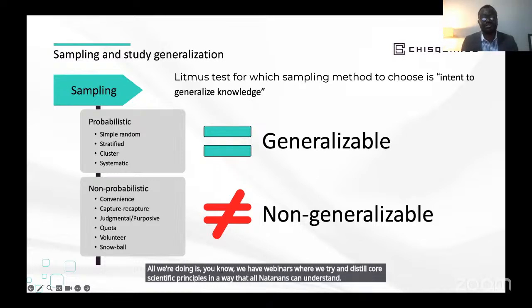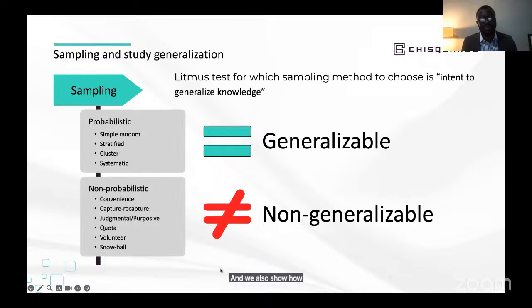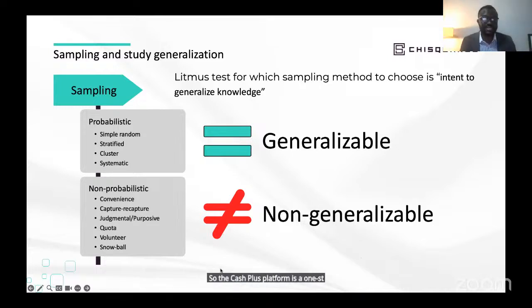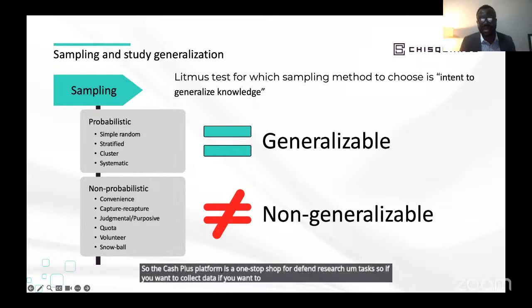And we also show how to solve some of the complex problems in research with the Chisquares platform. So the Chisquares platform is a one-stop shop for different research tasks. So if you want to collect data, if you want to sample or do sample size, you can do all of these things on the platform. In a nutshell, that's what we're doing.